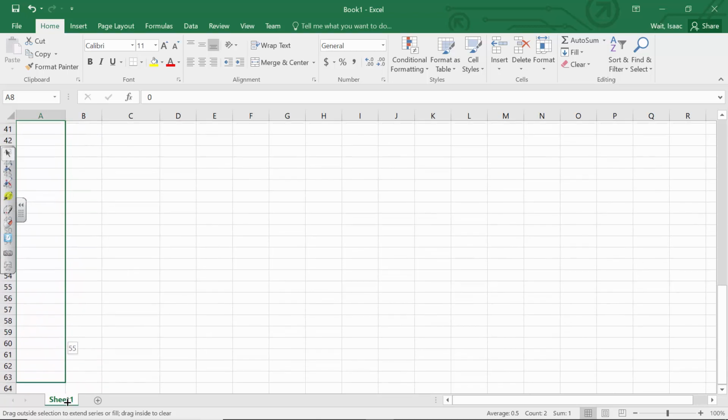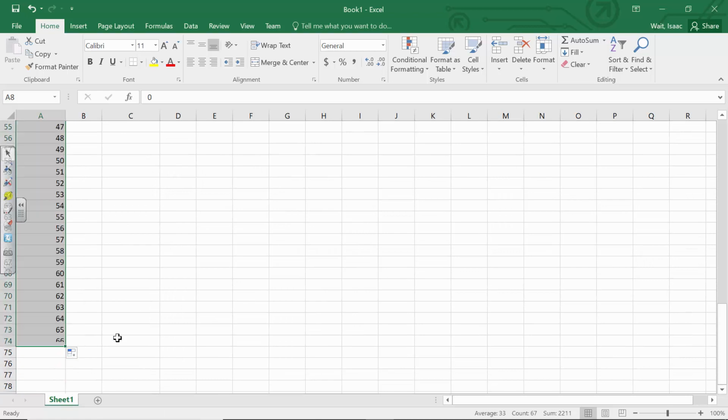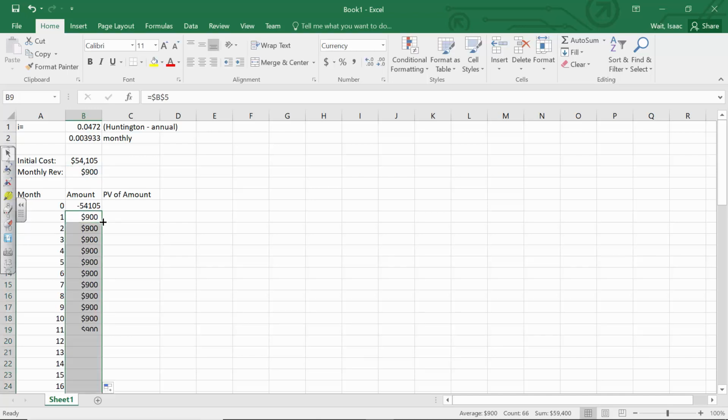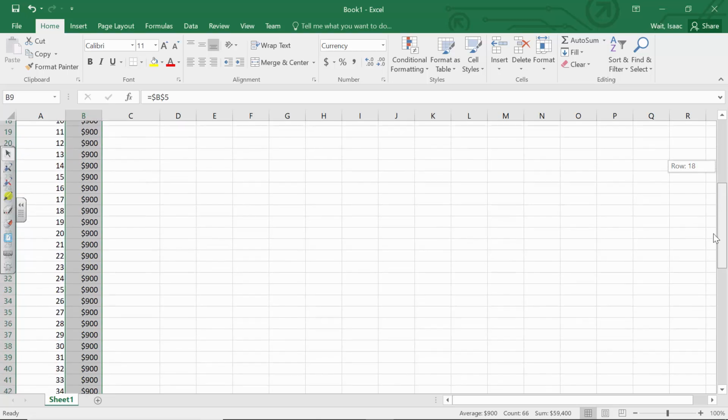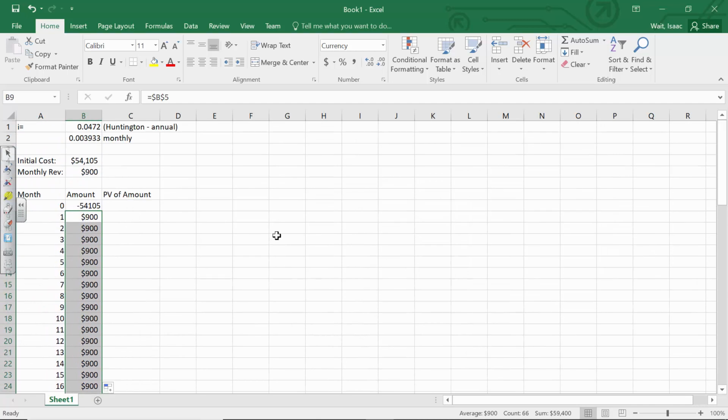Each period is a month, and the amount is an outflow of $54,105, and then an inflow of $900. I might as well just reference that amount there, so if I want to play around with it, then I can. I just double click and that spreads that down as long as there are adjacent cells with numbers.